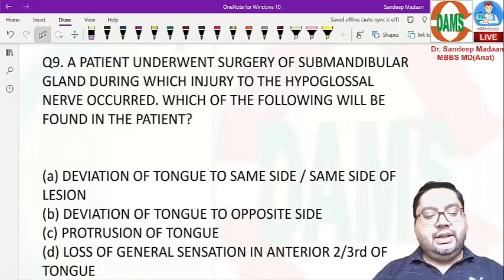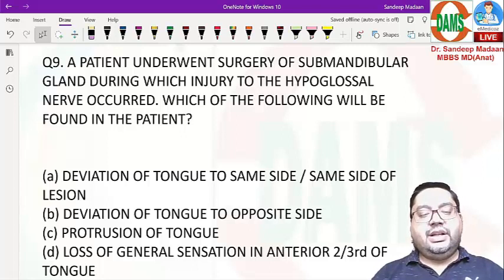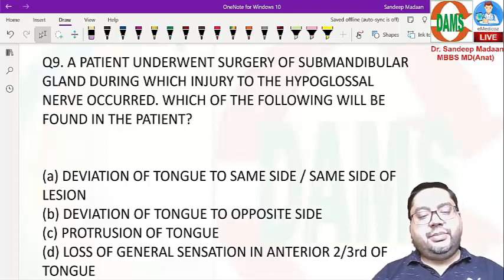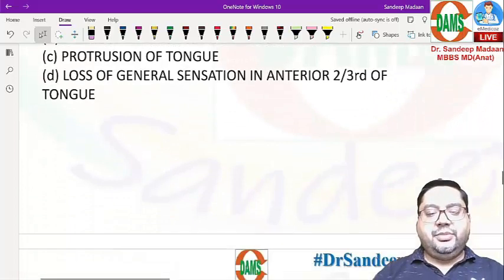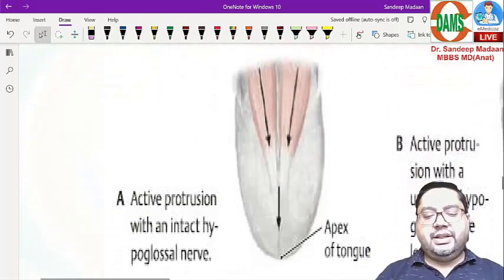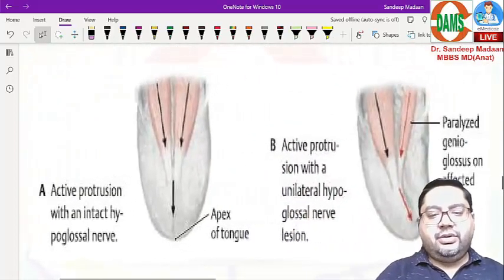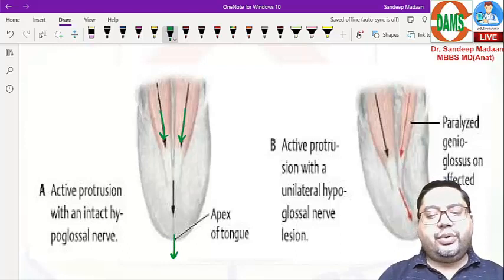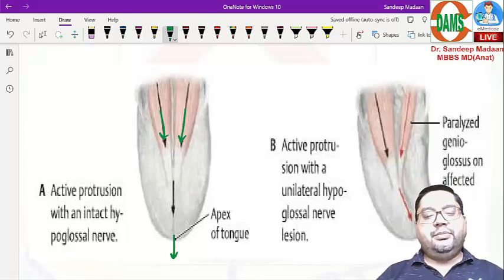Now you see, when such a hypoglossal nerve injury is there, definitely there will be deviation, but this deviation will be seen on protrusion, because when the patient attempts the protrusion, then there will be deviation. So let me show you this diagram that will give you insight here. In the normal aspect, when both the muscles are contracting together, the tongue is simply protruded out in the midline.